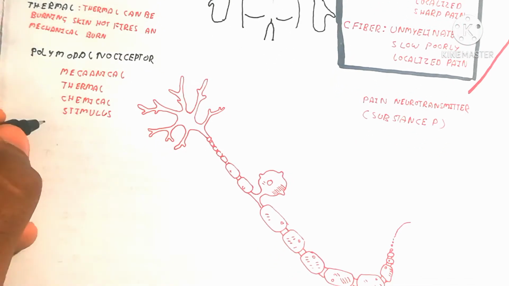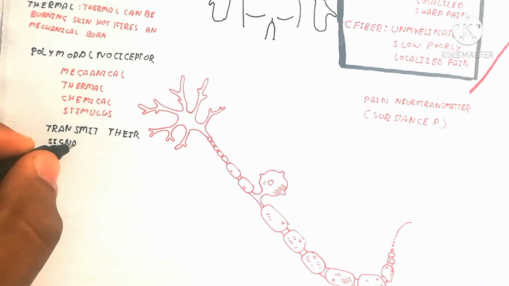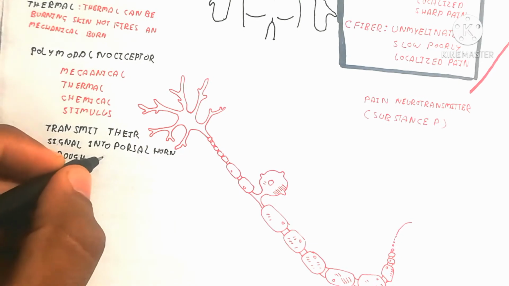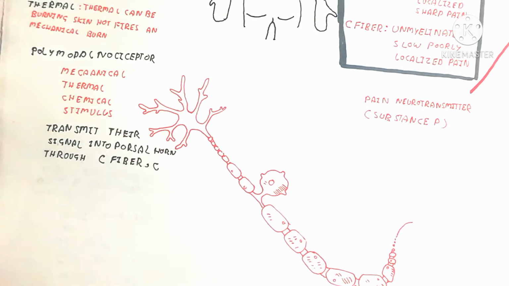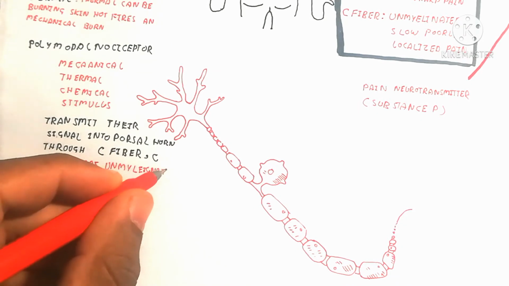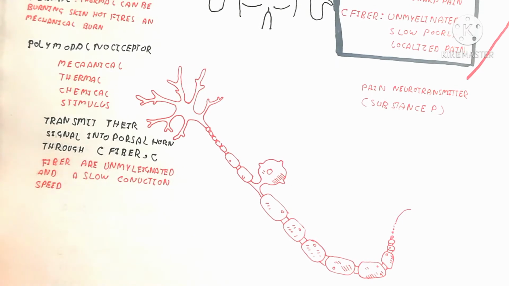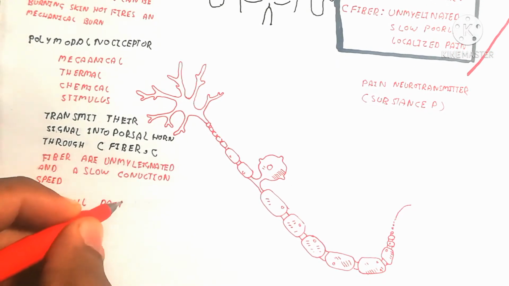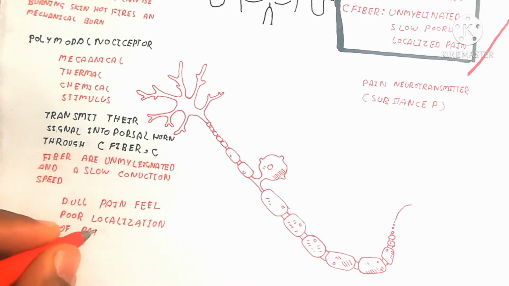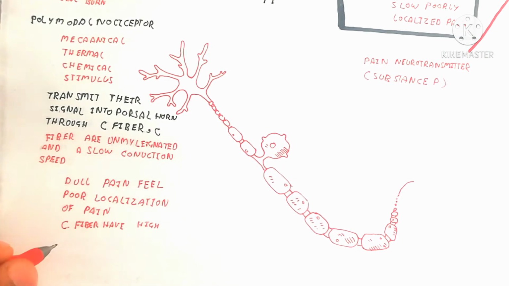So here is the polymodal nociceptor. What is the polymodal nociceptor? It responds to mechanical, thermal, and chemical stimuli. Chemical can be an acid stimulus, and mechanical can be a jerk or something. They transmit their signal into the dorsal horn through C fibers, and C fibers are unmyelinated with slow conduction speed.